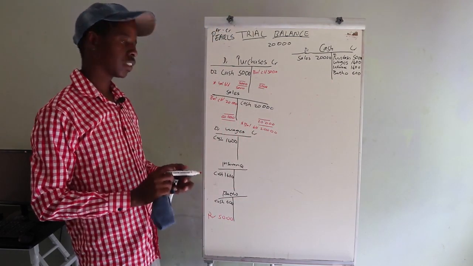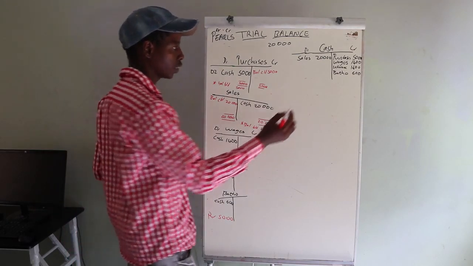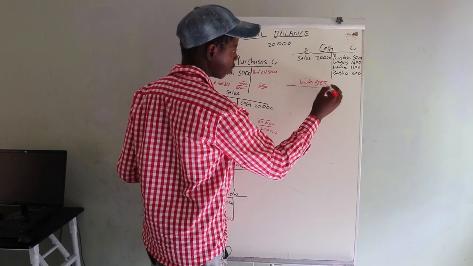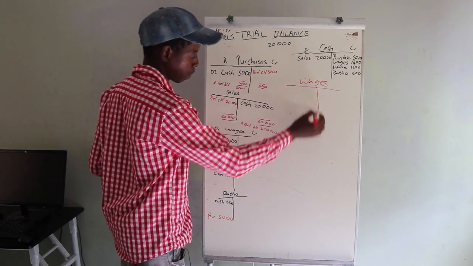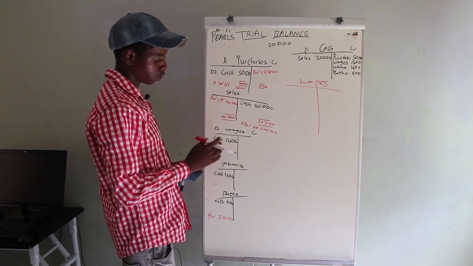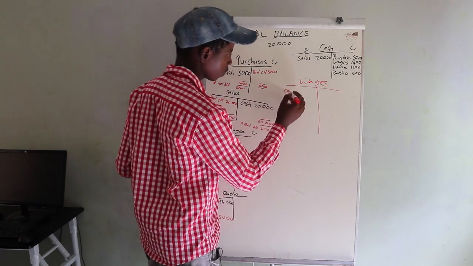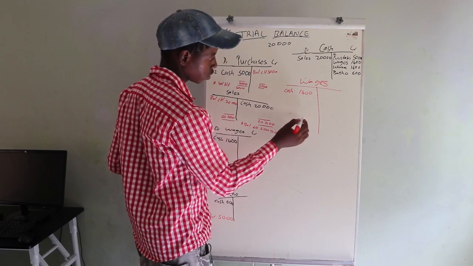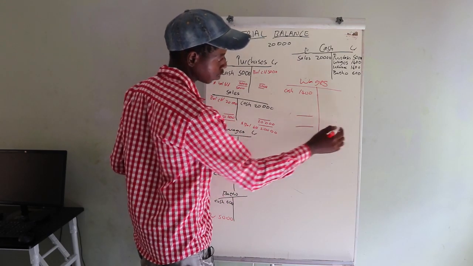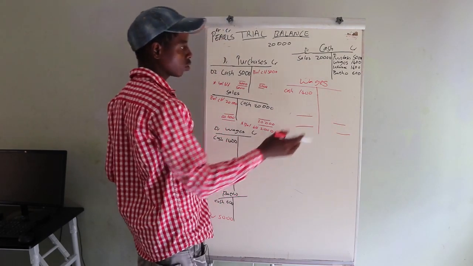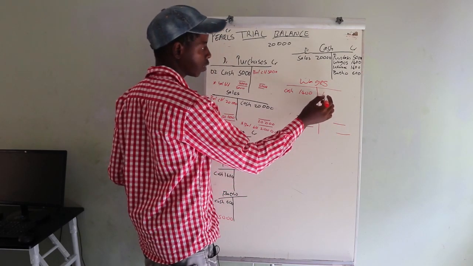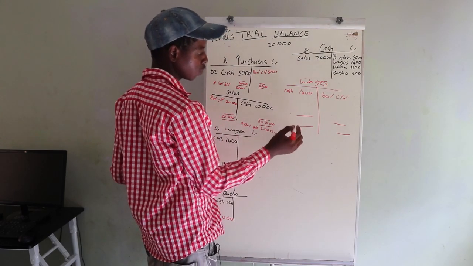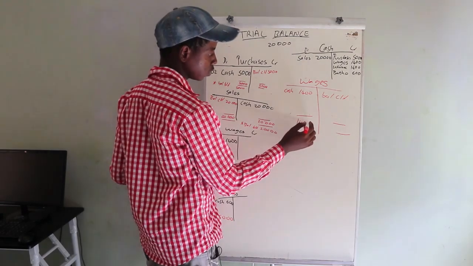We've got wages, right? So we are going to balance wages. So with wages, we have cash of 1.4. We draw the equal sign both sides. Since there's no figure here, we know that we're going to have balance carried down. So 1.4, we wrote it here.